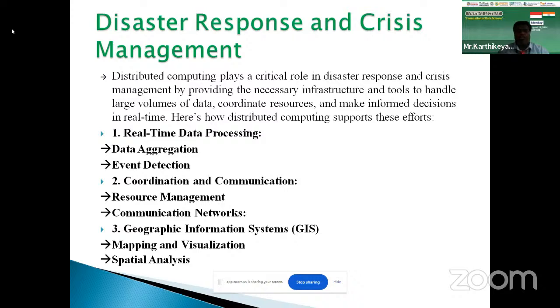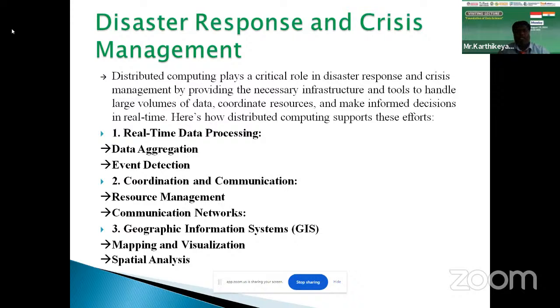The first effort is real-time data processing. This follows data aggregation and, second, event detection. Data aggregation is where distributed computing systems aggregate data from various sources, including social media, sensors, and emergency calls.